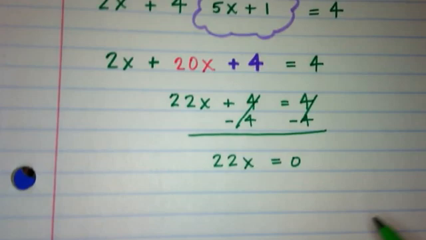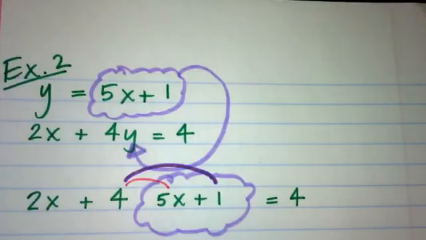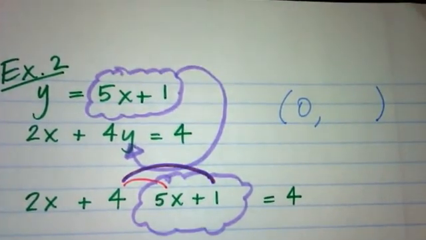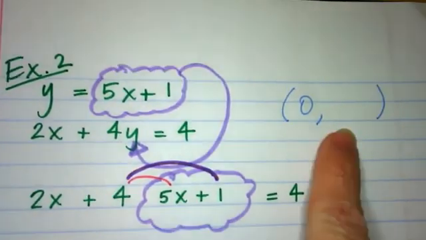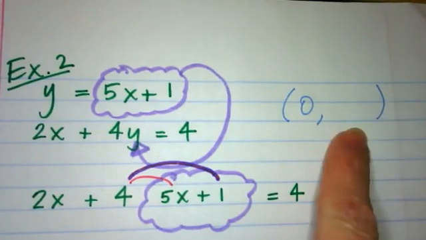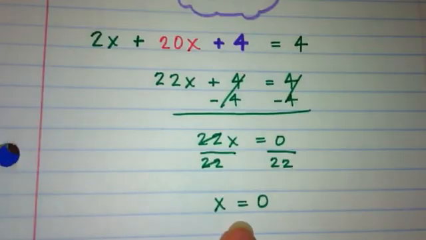So what this tells me is that these two lines up here meet at the point 0 something. To figure out what that is, I know that x is 0. And since x is 0, I can go up here and fill in a 0 for the x.